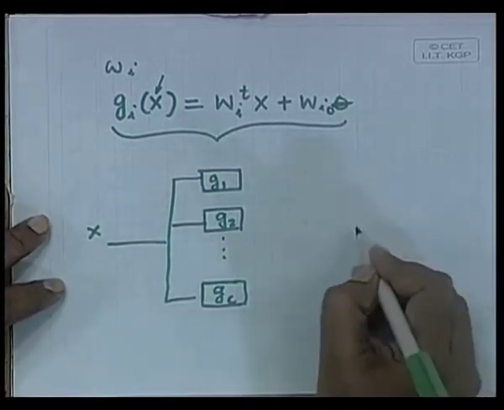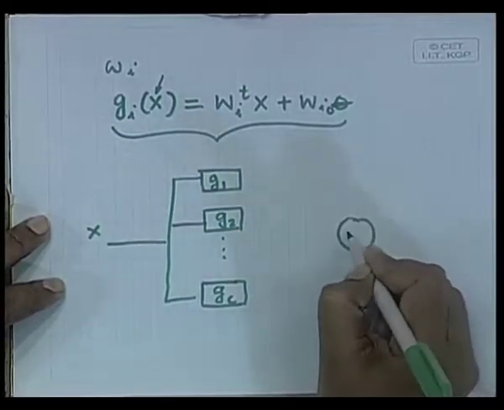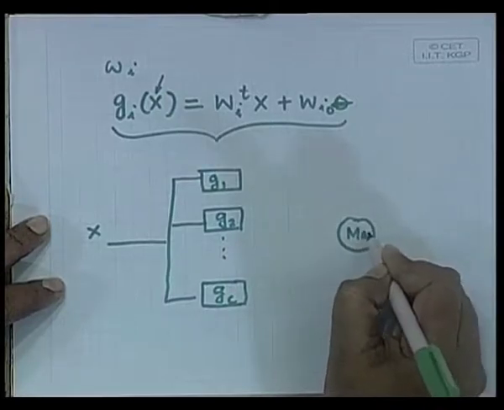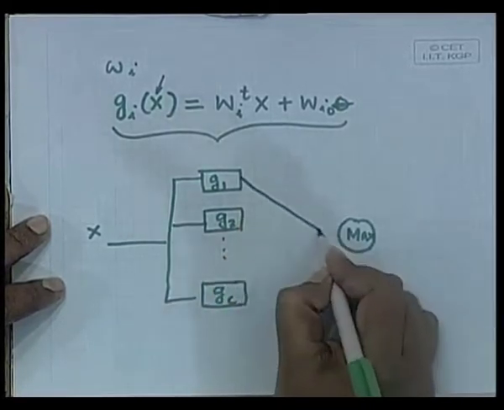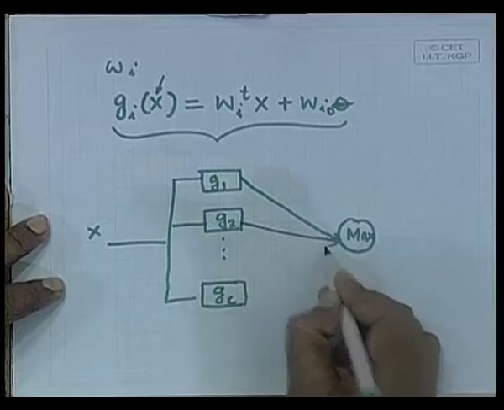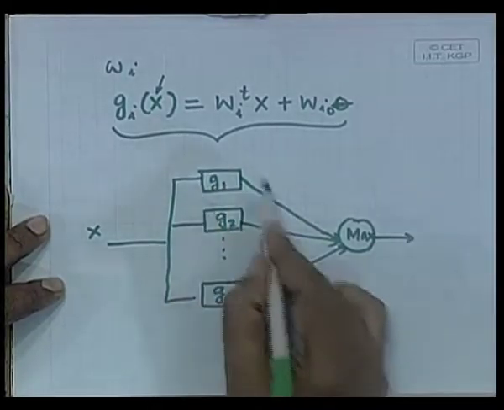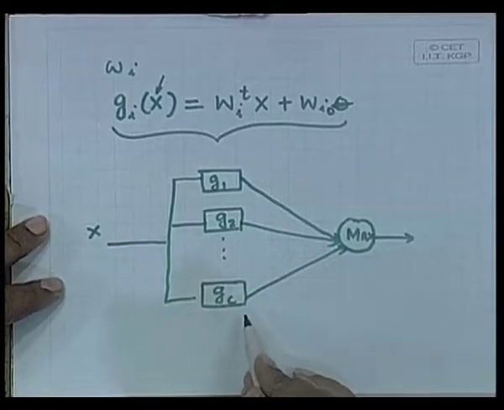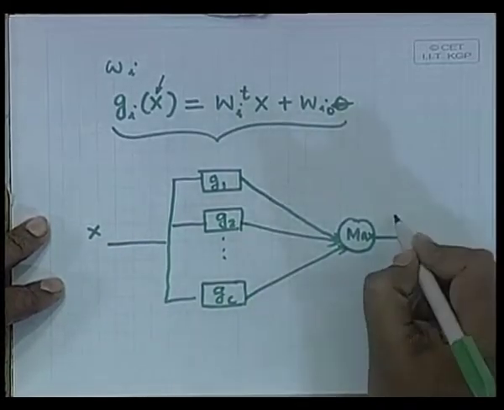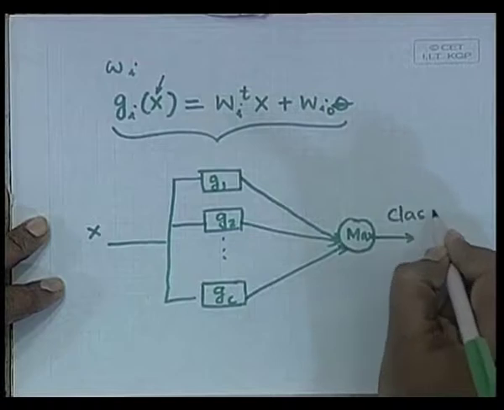Then I have a max selector. All these outputs come to this max selector, and depending upon whichever discriminant function gives the maximum value, the max selector gives you the class identification.